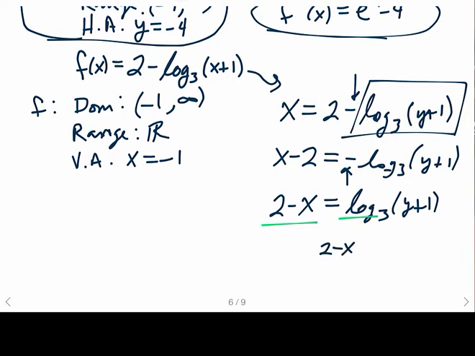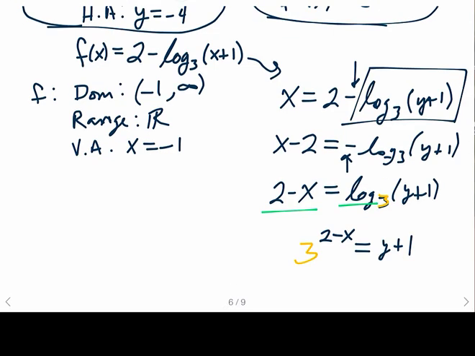What's the base? The base is 3. So 3 to the 2 minus x is equal to y plus 1. That gives me finally that y is equal to 3 to the 2 minus x minus 1.